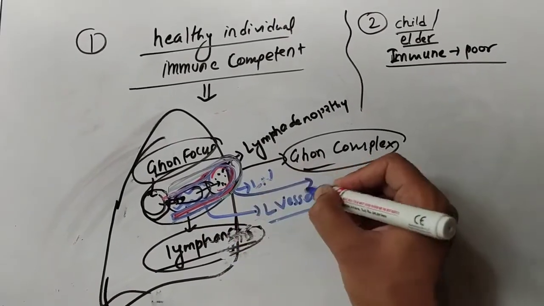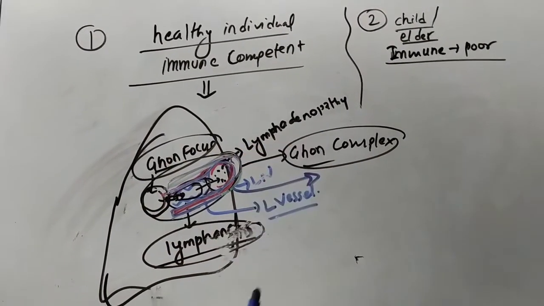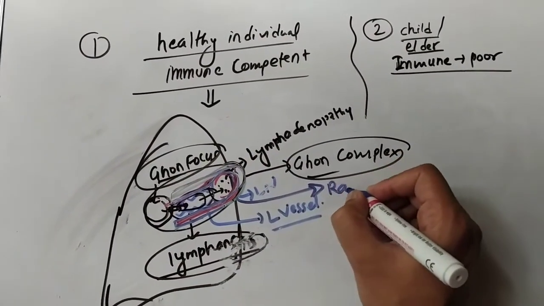And the changes that occur in the ghon complex are known as Ranke's complex.